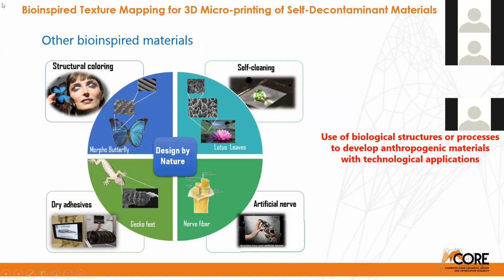The self-cleaning property is what we call superhydrophobicity. The lotus leaves present this. Also the dry adhesive produced from this suction that we can see in the leg of this gecko, and also the nerve fibers that are used for artificial nerves.